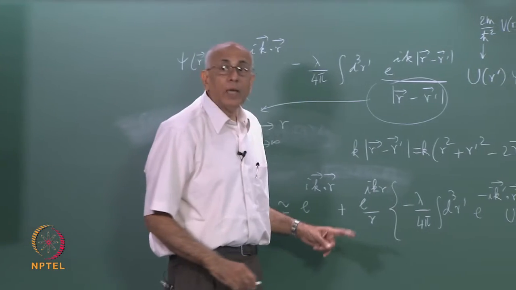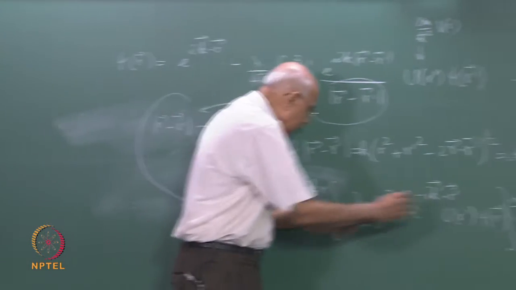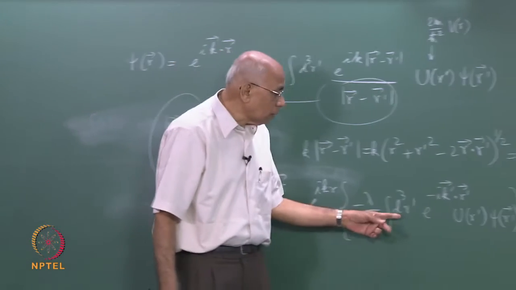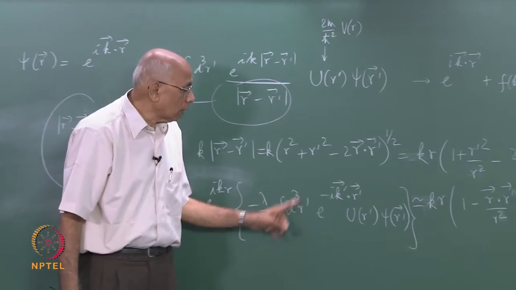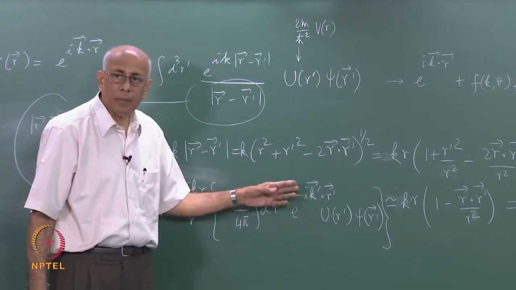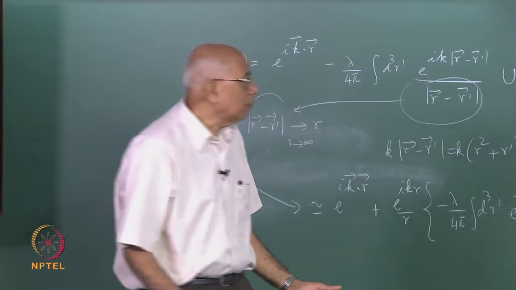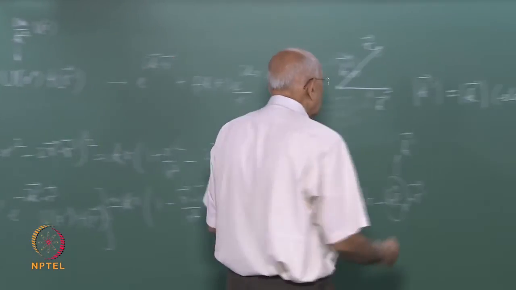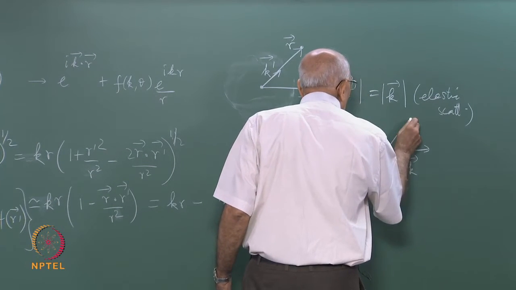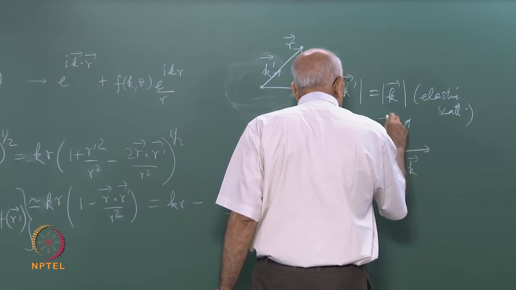So for large values of kr, large compared to unity, this is the factor that multiplies e to the i kr over r, and there is an integration over r prime. So this whole thing is a function of just one quantity, the vector k prime. And what is the vector k prime? Let us look at the geometry once again. You have the incident direction k, and you have some direction with polar angle theta. You are looking at k prime.